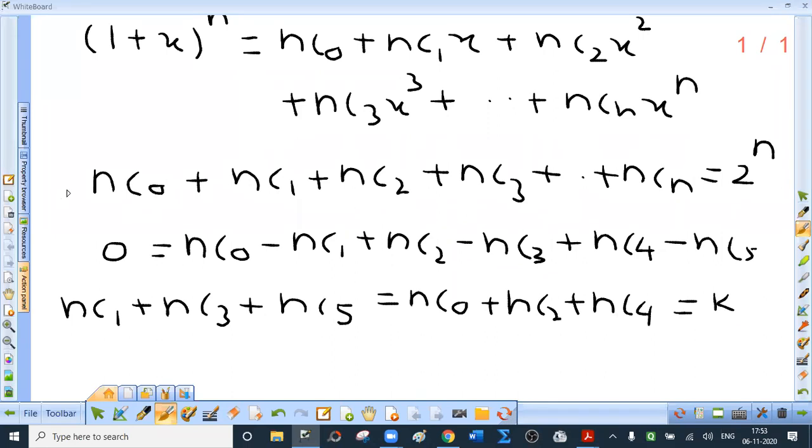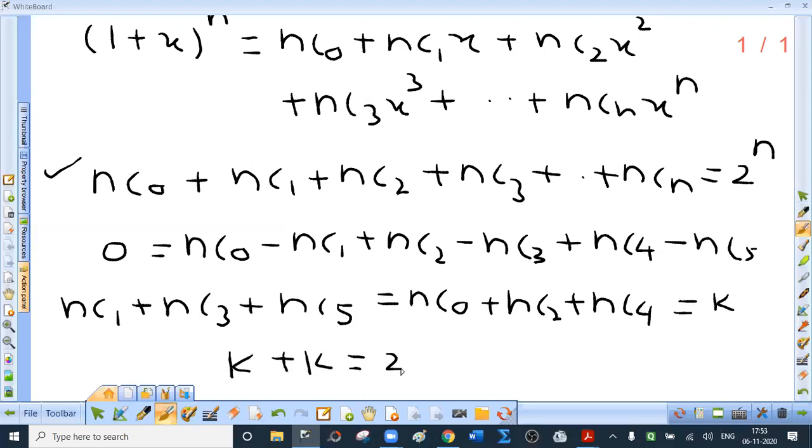Now use common sense. Consider this result. This result tells us that sum of all binomial coefficients is 2 raised to n. I divide left hand side into two parts. Which two parts? First part, sum of odd binomial coefficients. What is that sum? k. We have assumed that the sum is k, plus sum of even binomial coefficients, that is also k.